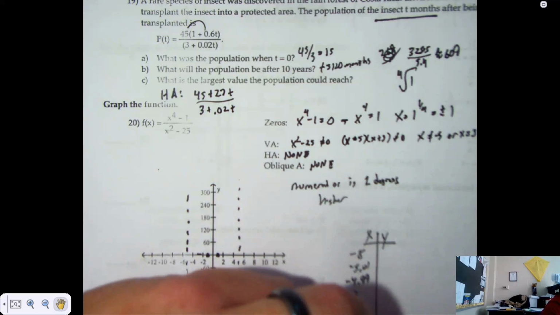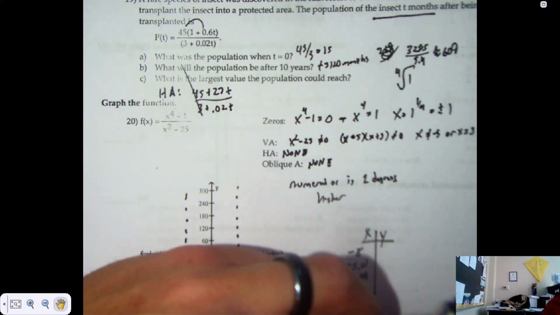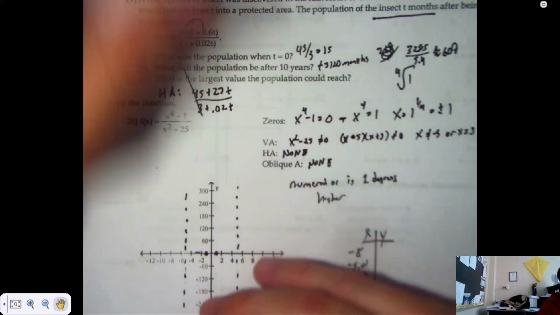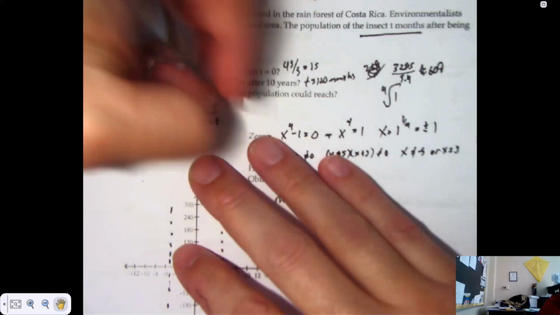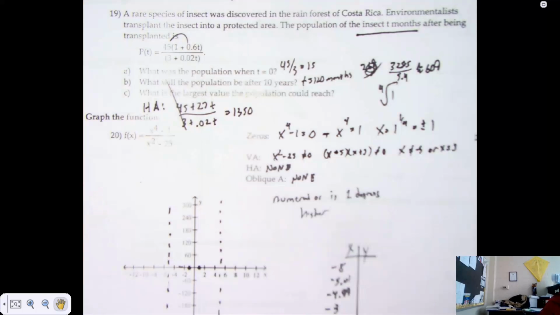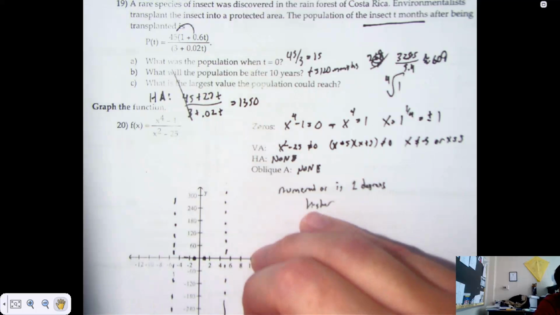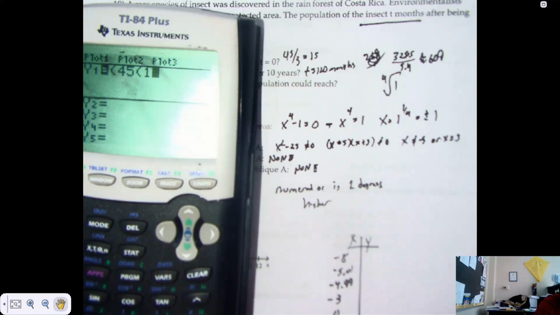That's a case where the degree of the numerator and denominator match. So we throw away the numbers. All I did was the distributive property. I wanted to see this thing written out in terms of t's. So I'm going to take 27, divide it by 0.02, which is like multiplying by 50. And I'm going to get 1350. And to prove that idea to you, I'll take a look at the graph of this thing. Because me just telling you that's where it happens probably doesn't make a lot of sense.